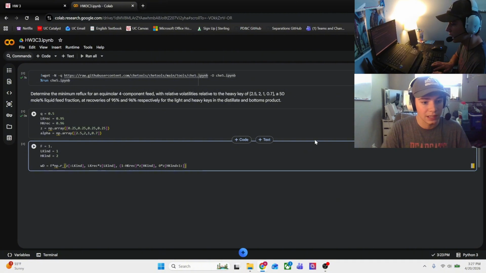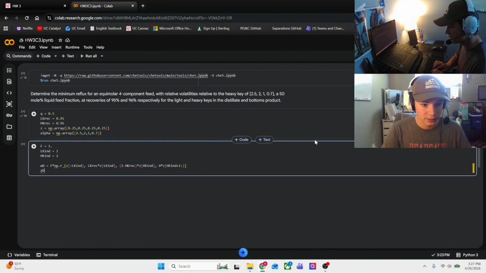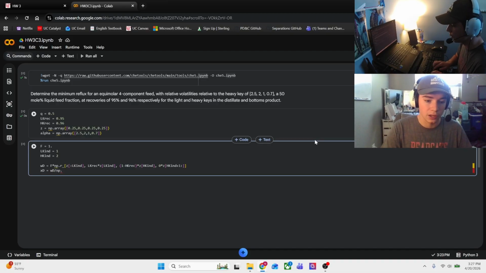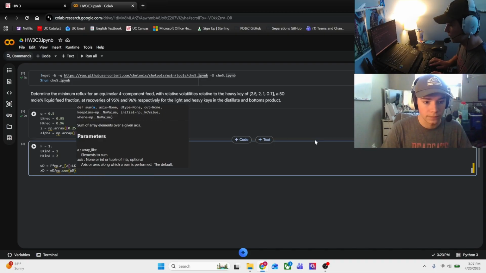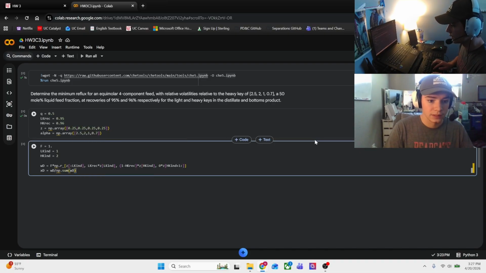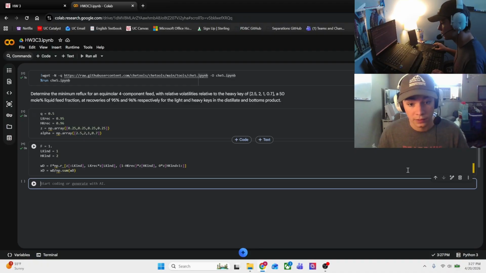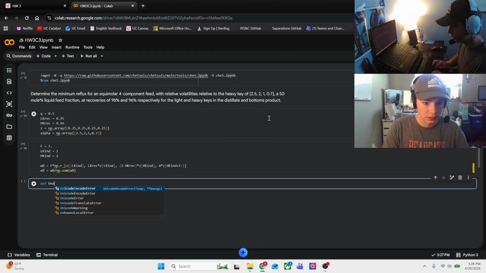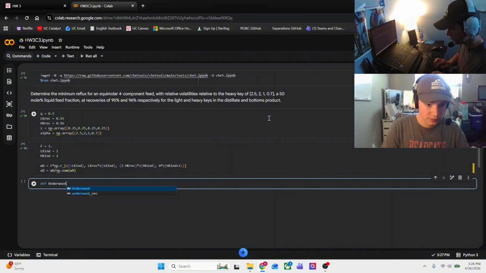But to find our composition, our XD, we're just going to take our WD over the sum of all of our WD values. I think that's all good. Yep, seems to work out. So now we need to define our Underwood function.